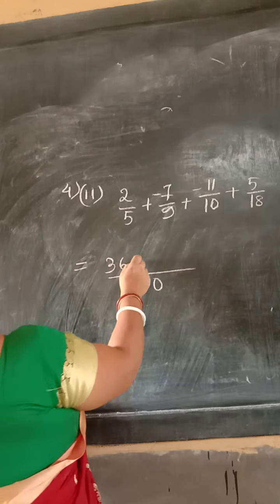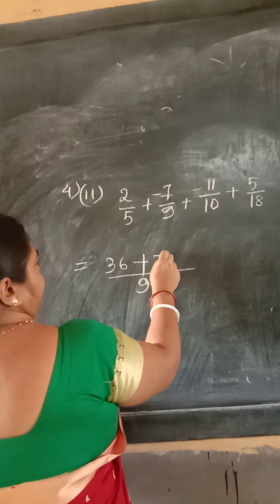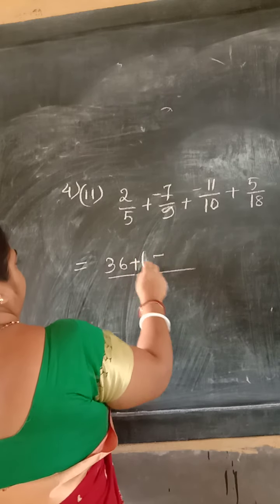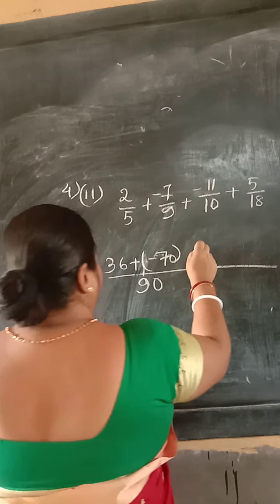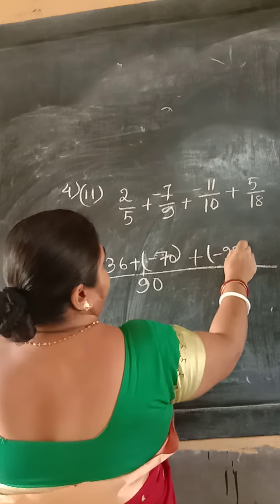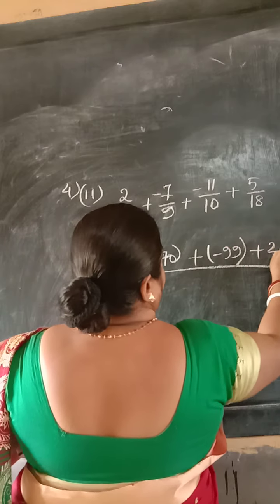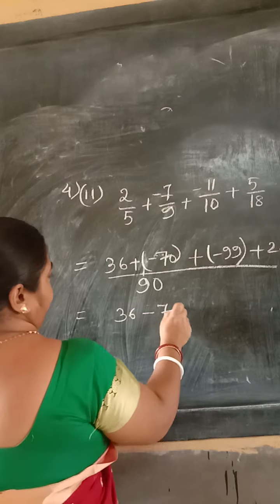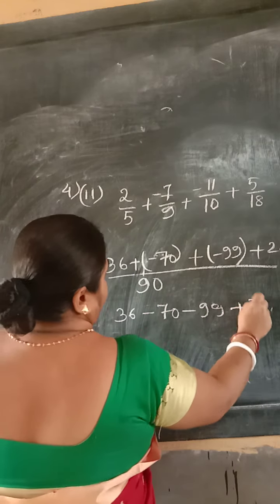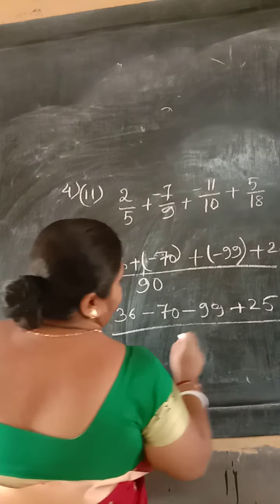Eighteen twos are 36, 9 tens are 90, minus 70, plus minus 99, plus 25. Or 36 minus 70 minus 99 plus 25 by 90.